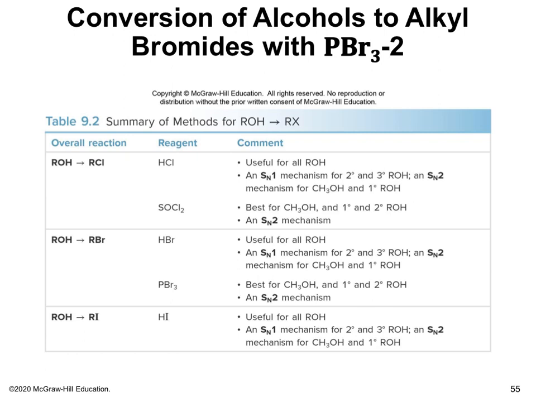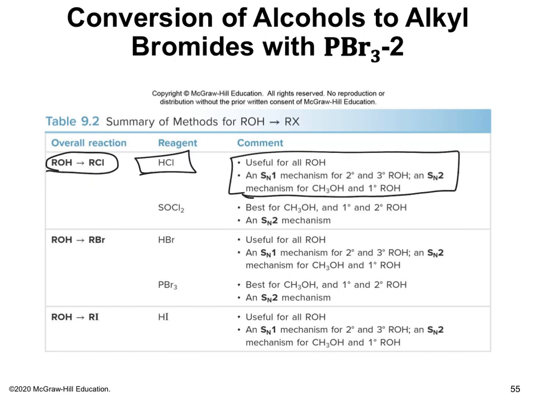And so these are the different reagents. If you want to just go straight from an alcohol to an alkyl chloride, you can do HCl. There's some good things, but you also have to deal with rearrangements for tertiary substrates.